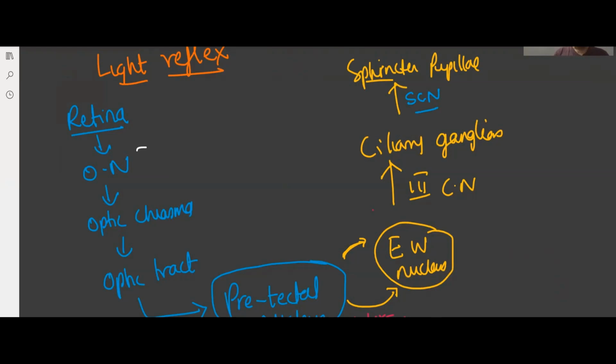From the optic nerve till the internuncial fibers, this is the afferent pathway of the light reflex. So whatever defects or lesions you have in this tract, from the optic nerve till the pretectal nucleus or the internuncial fibers, will be called an afferent pathway defect.